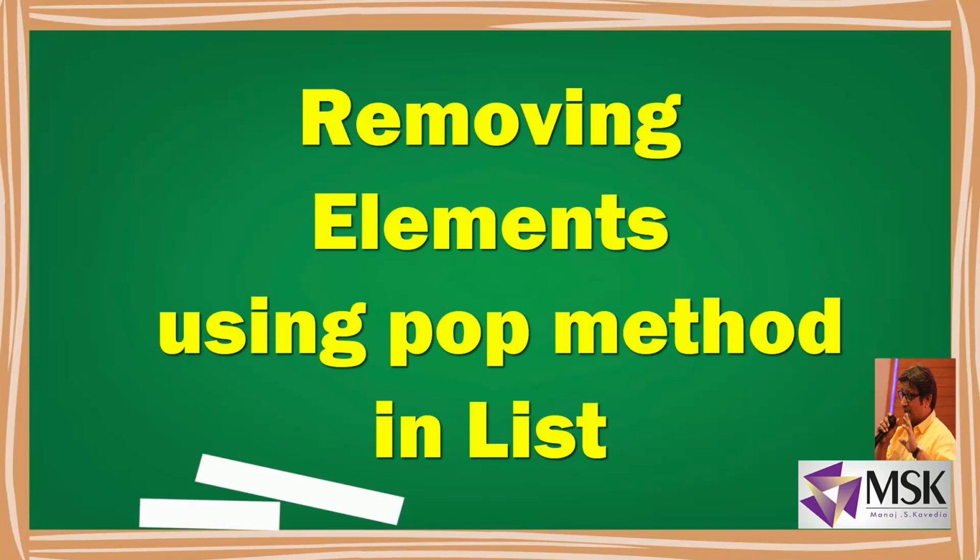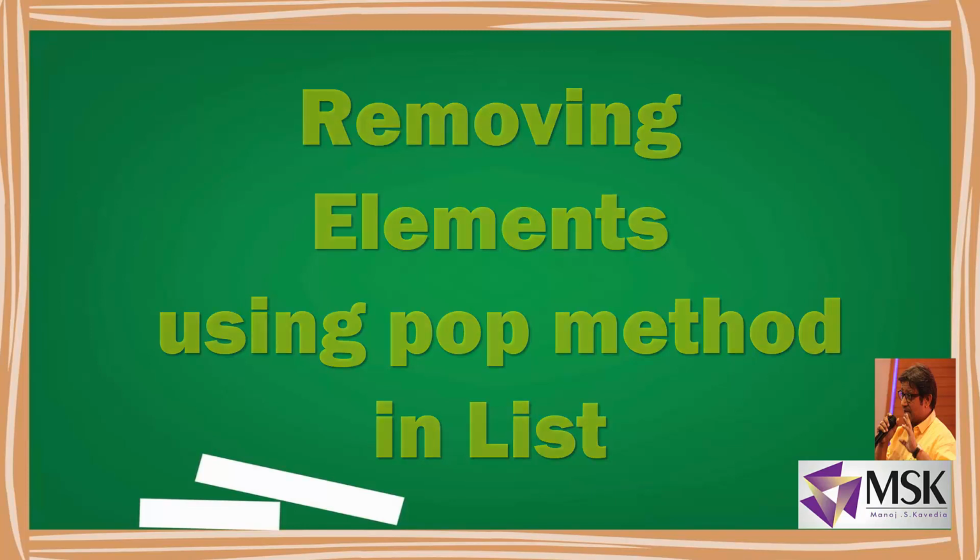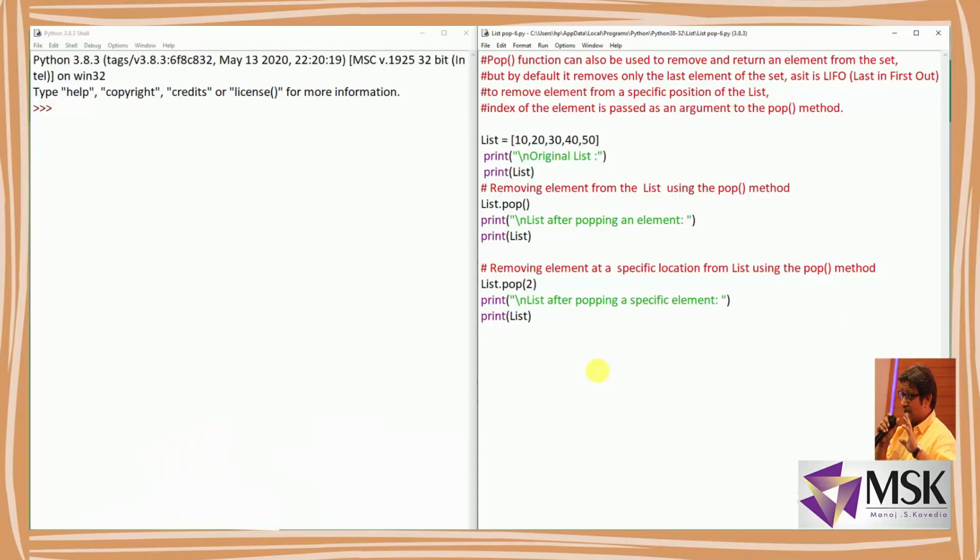Fine, let's see how to remove elements with the pop function. It will remove the last entered value, the last element. So my original list is 10, 20, 30, 40.